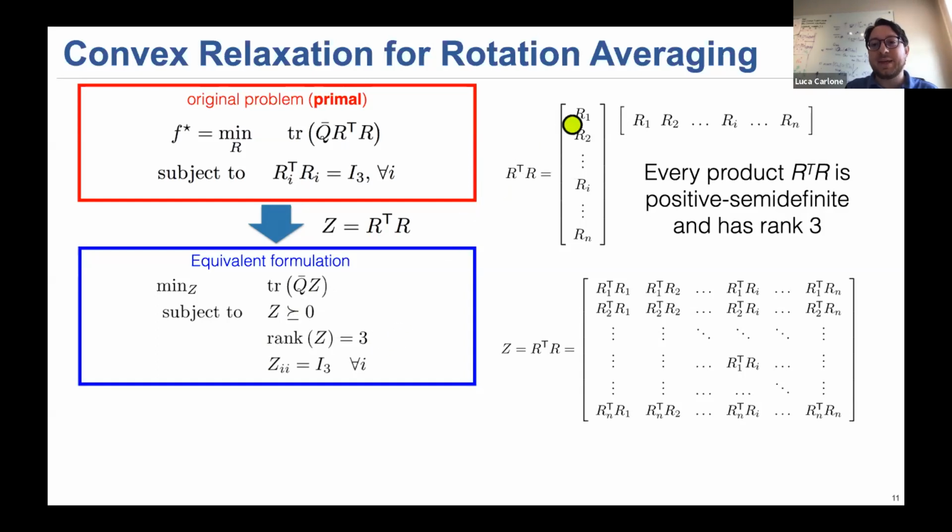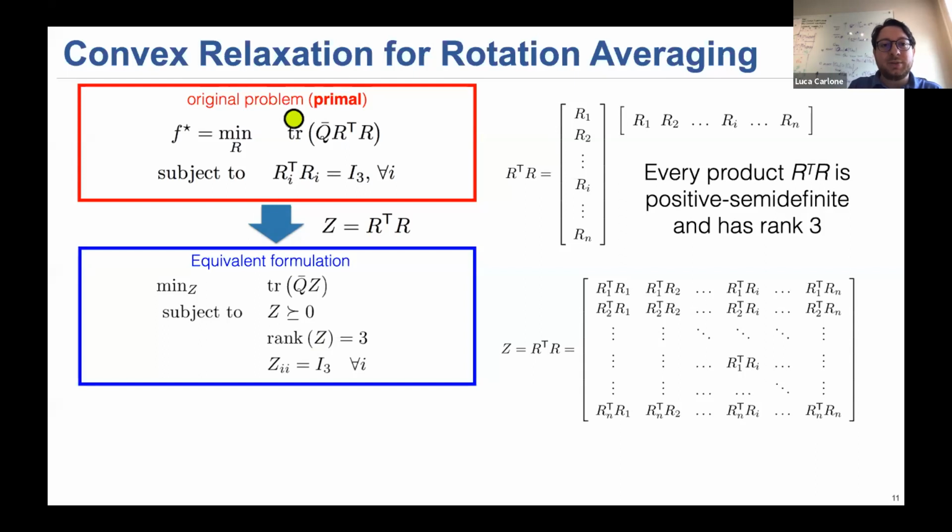And if you stare enough at the structure of Z, you realize that the Ri transpose Ri are essentially on the diagonal of Z. So to enforce the same constraint here, Ri transpose Ri equal to the identity, you just have to force that the diagonal blocks of the Z matrix are equal to the identity matrix.